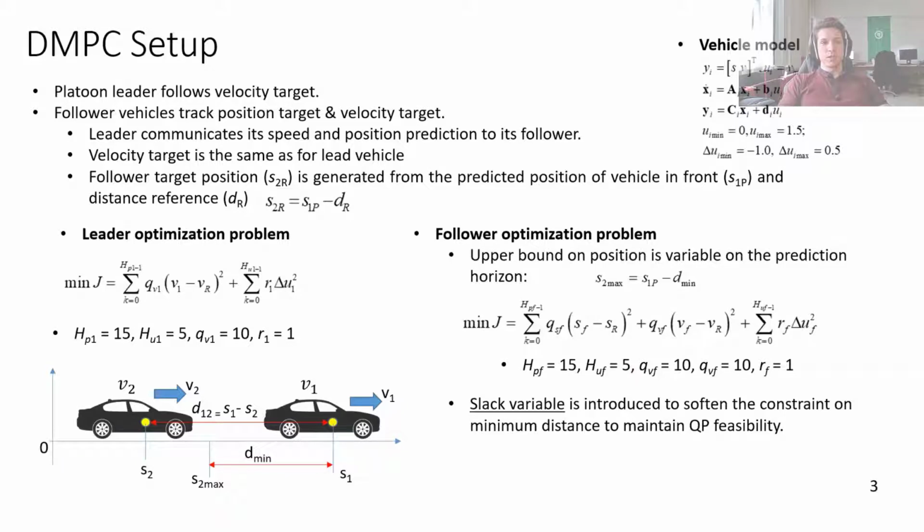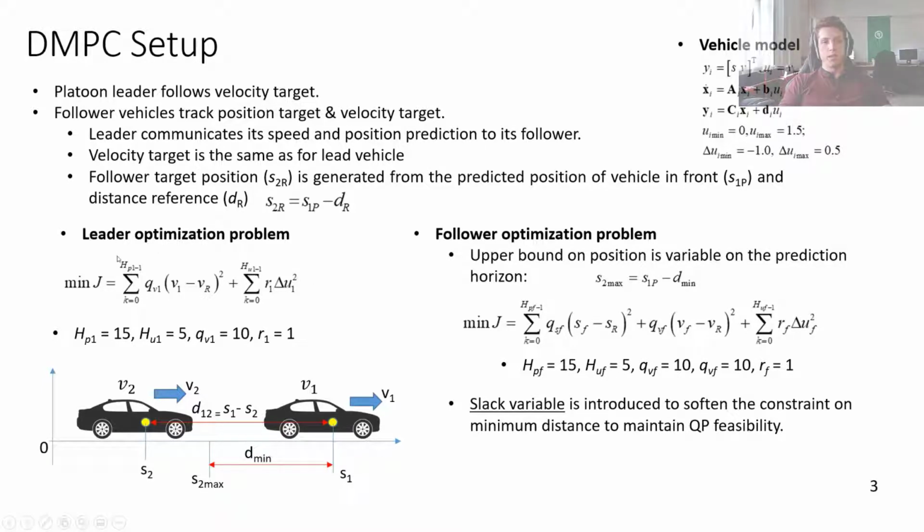In our DMPC setup, we have two different MPCs. One is for the leader of the platoon, and the other MPC is instantiated for all of the followers. We use the same vehicle model as the rest, and each vehicle is constrained with minimum and maximum target velocity and acceleration.